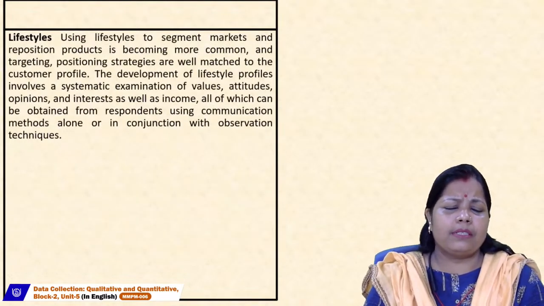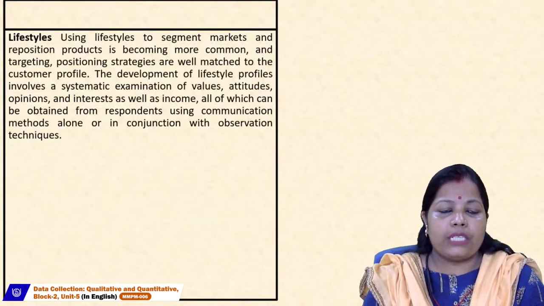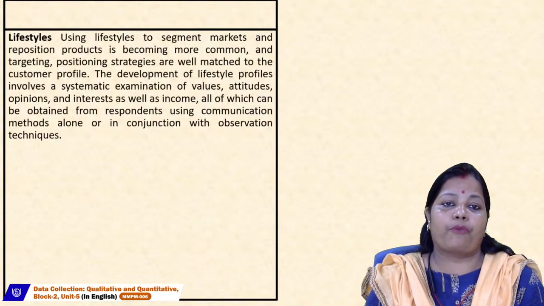Then the third factor affecting the primary data is lifestyles. Using lifestyles to segment markets and reposition products is becoming more common, and targeting and positioning strategies are well matched to the customer profile.